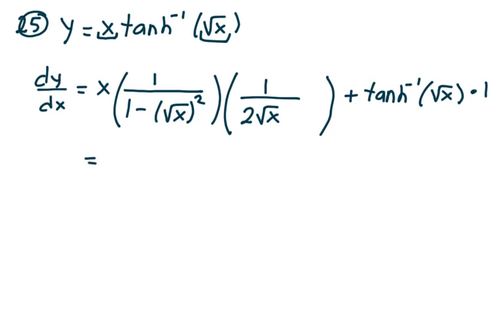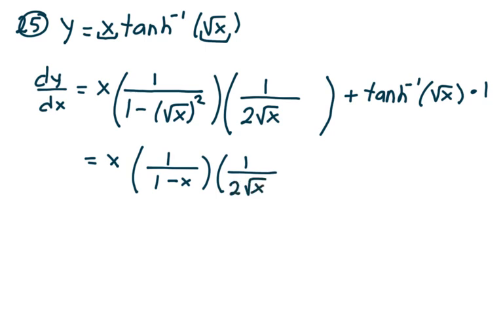So if we take this a step further, we get x times 1 over 1 minus x times 1 over 2 times the square root of x, plus the inverse hyperbolic tangent of root x. I'm going to go a little bit further here.